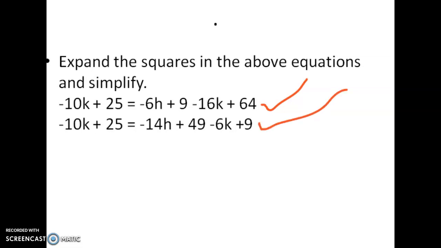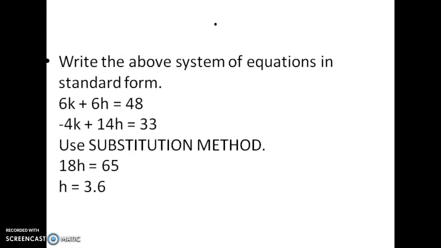From here, you bring the h and the k to one side and the numbers to the other side.